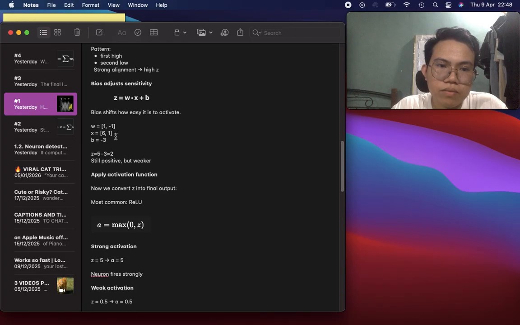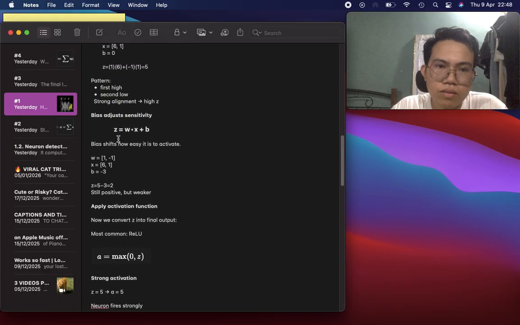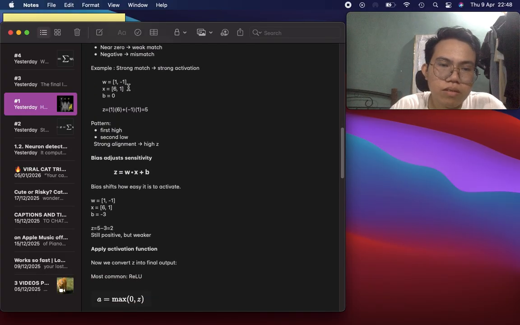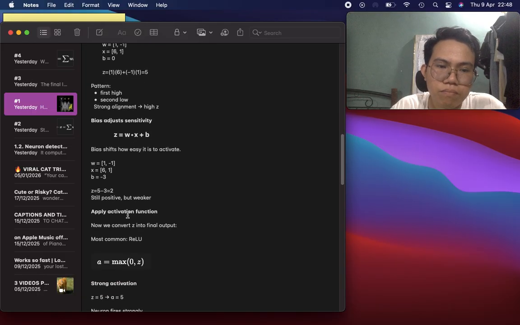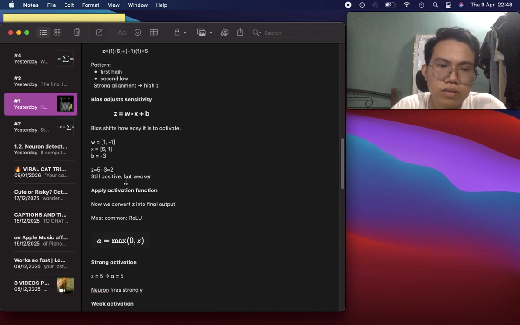Like we have the bias negative 3. The value that comes up here, it detects, but when it comes to the bias, it's another thing. It's still positive but weaker because of the bias.